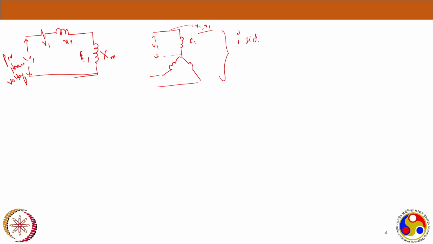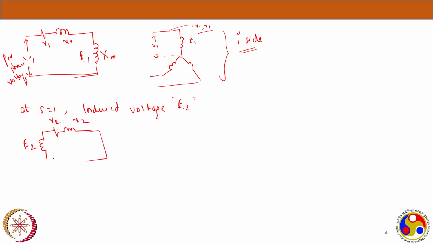Now if you see the secondary side, secondary is at S equals 1, right? And the induced voltage is E2. E2 is induced, and it will also have its own resistance and reactance. I'm calling it R2 and X2, and then it is short circuited.